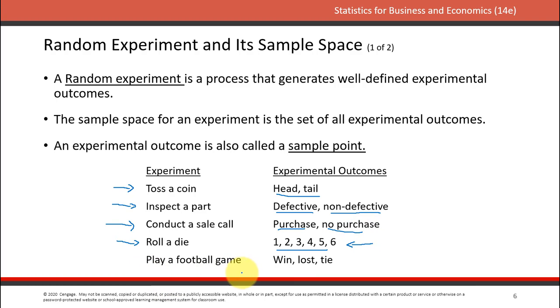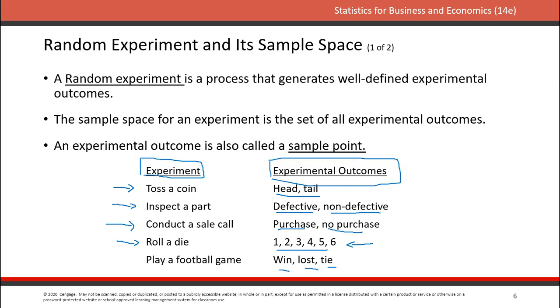Play a football game. We could talk about the scores as being the outcomes, but here they're describing the outcomes as either win, lost, or tie. Okay, so that's the set of outcomes. So we're talking about experiments and their outcomes here.